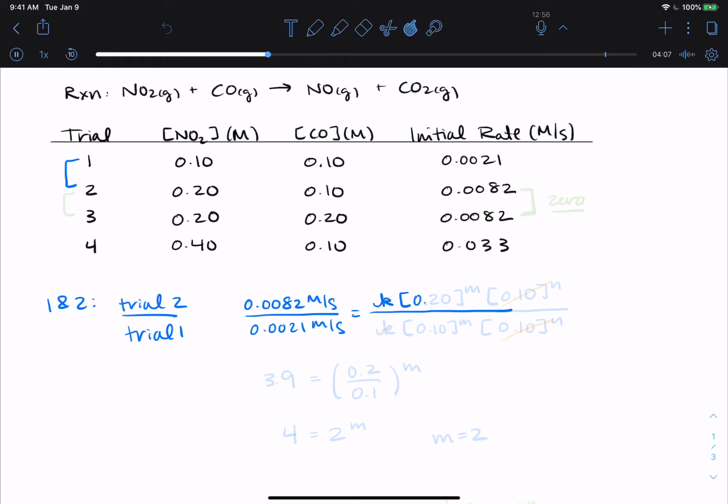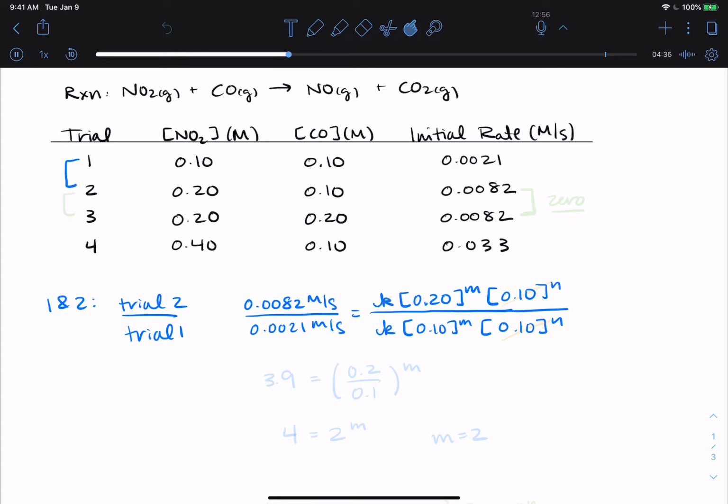NO2 has a concentration of 0.20 molar to the M power. I don't know what that power is, but I'm going to find it. Times CO, which has a concentration of 0.10 molar to the N power. And then for trial 1, it's the rate constant, my NO2 concentration is 0.1, and my CO concentration is also 0.1.